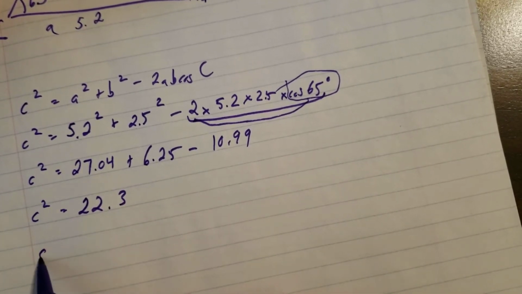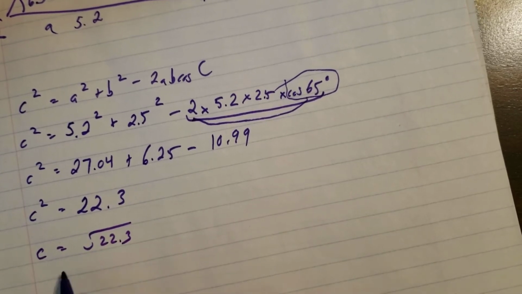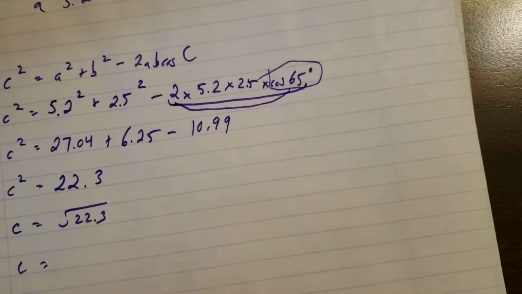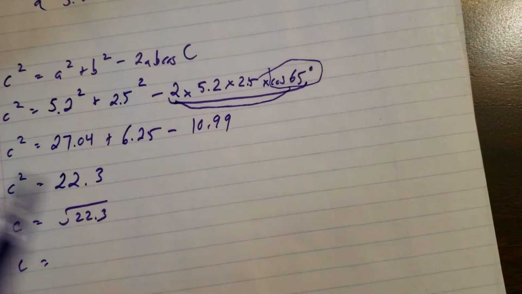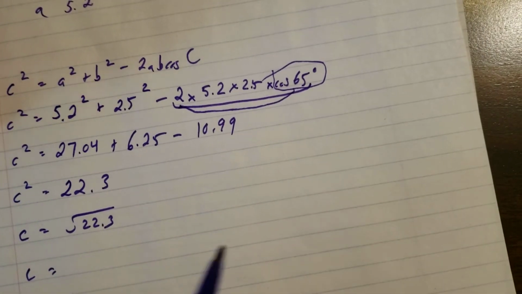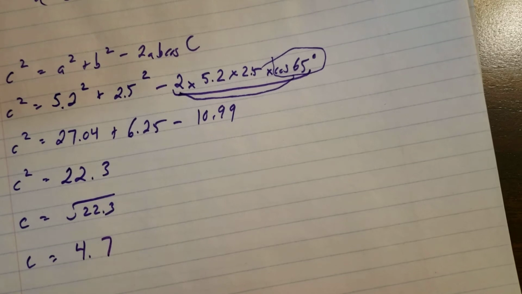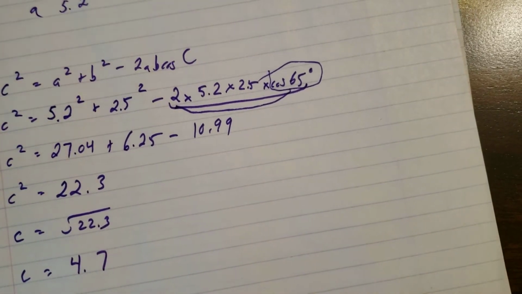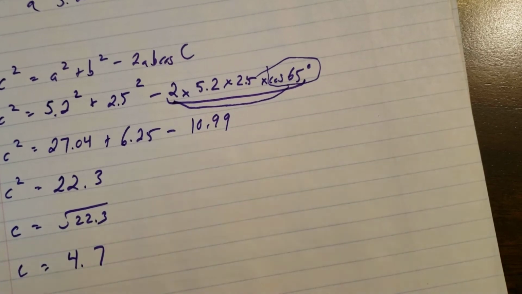In order to find out what c is, I would have to take the square root of 22.3, which when I punch in my calculator gives me 4.7 approximately. So that's how you use your cosine law to find that one there.